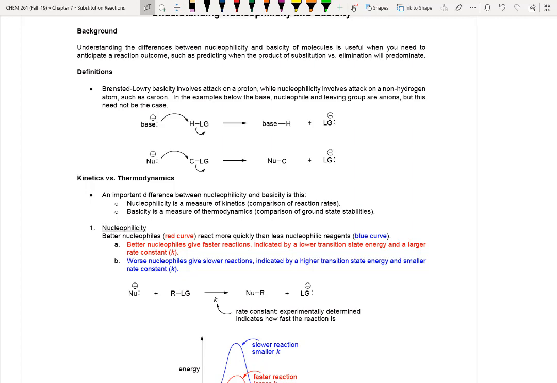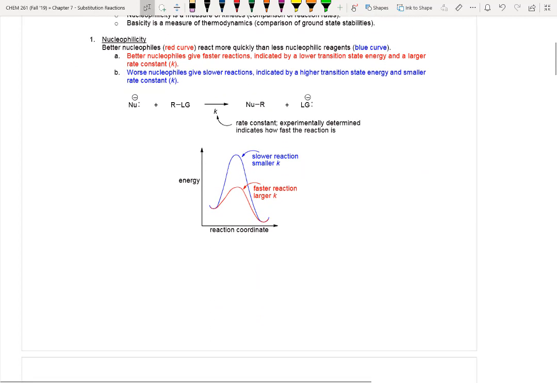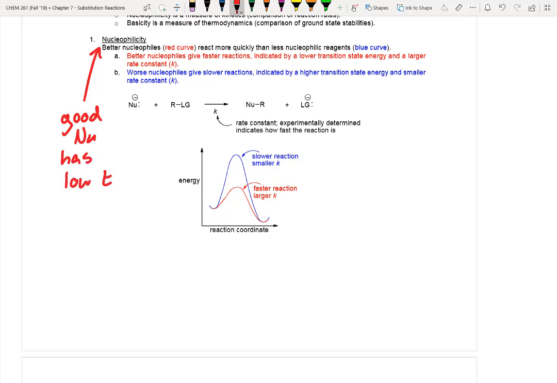It depends on the solvent. So down here, a nucleophile is described as something that has the lowest activation energy. So good nucleophiles have a low activation energy, right? That's the big thing with the nucleophiles. We got to get over that hump.